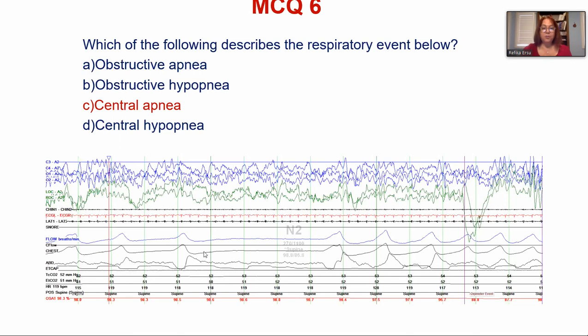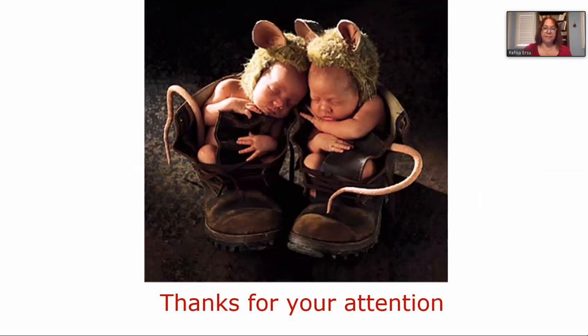Since there is no movement in the chest and abdomen, we decide this is a central apnea. Then we need to decide whether we can score it or not. There is no arousal following the apneic event, so it does not meet the arousal criteria, but does it meet the desaturation criteria of 3%? Yes, it meets this desaturation criteria, so we need to score this event as central apnea.